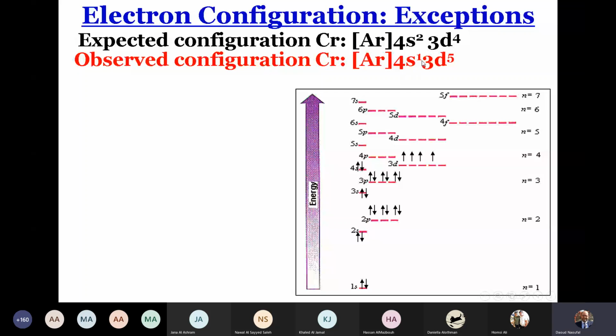Why is 4s1 3d5 more stable than 4s2 3d4? In the d level, as I said, the best representation is an apartment: the most stable state is to fill all rooms with 2 students, so the apartment is completely filled.